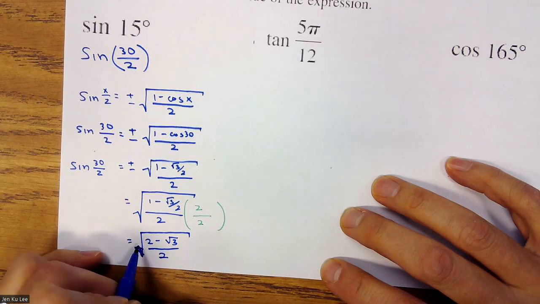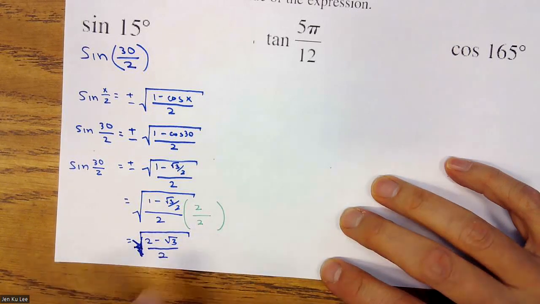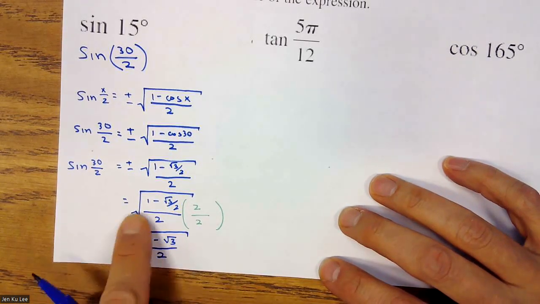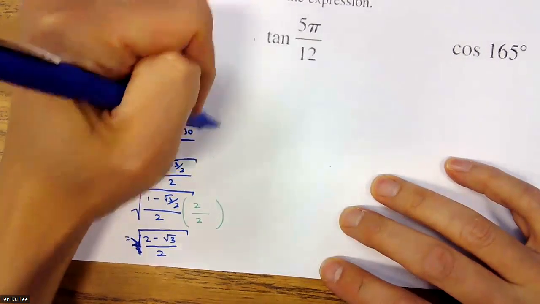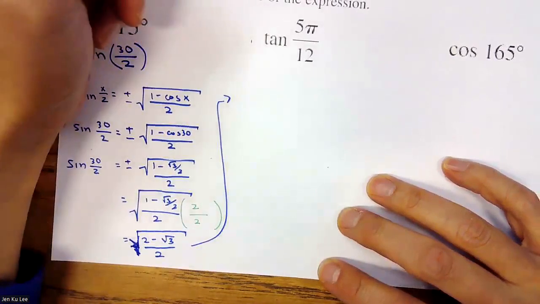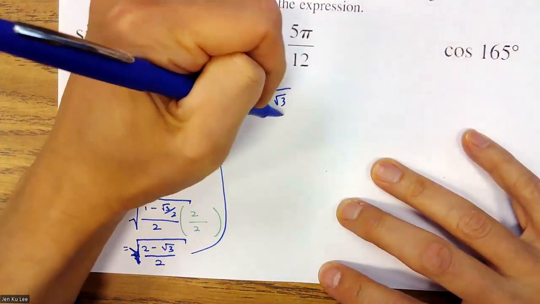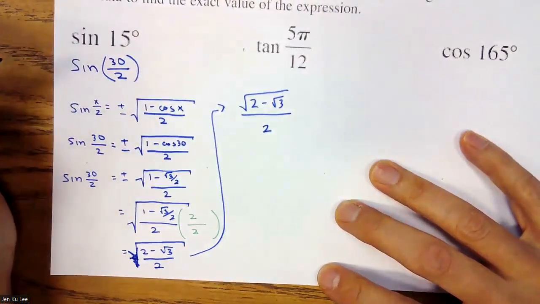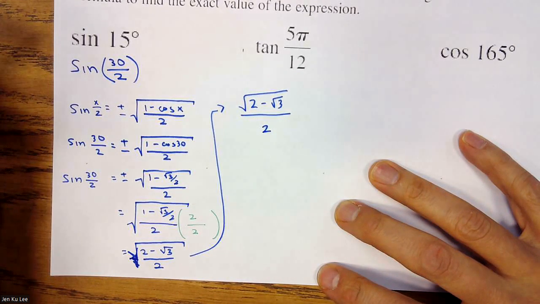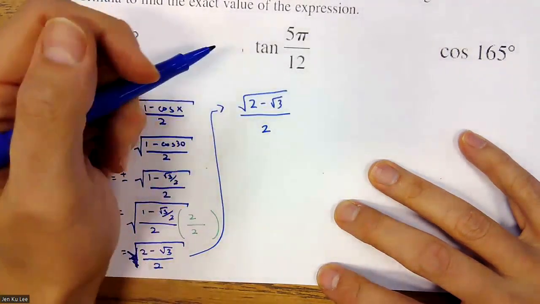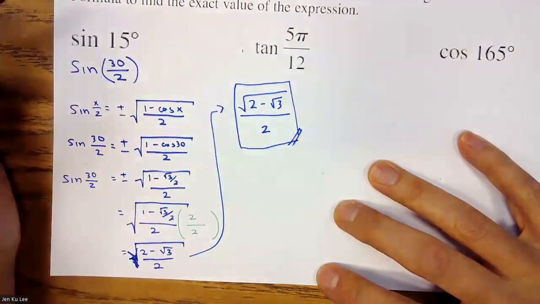And this square root should just be in my numerator now, because 2 times 2 is 4, square root of 4 is 2. So here we have square root of 2 minus square root of 3 over 2. And that's my answer.